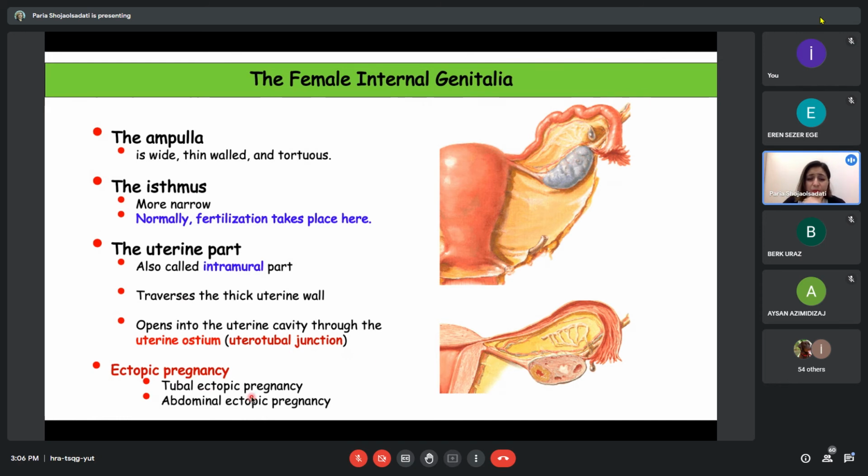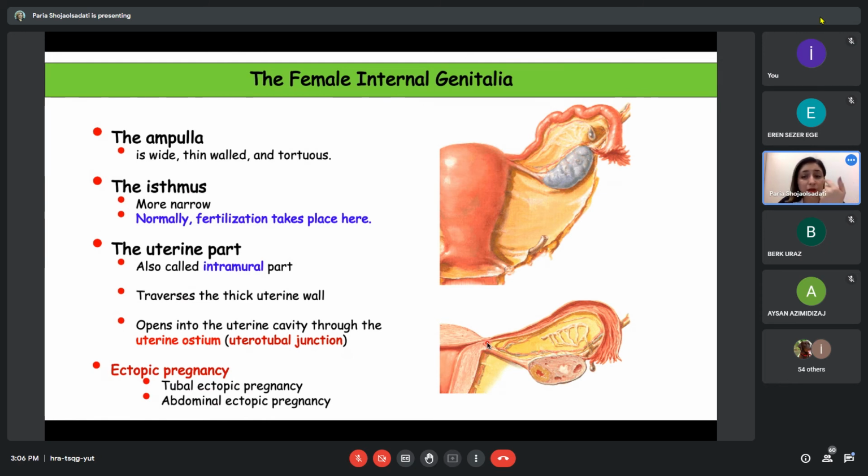We have ectopic pregnancy. Normally we expect that the zygote comes and is fixed inside the uterine cavity, but in some conditions, the pregnancy is seen outside the uterus.